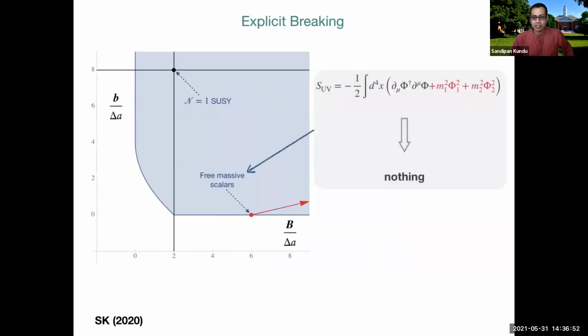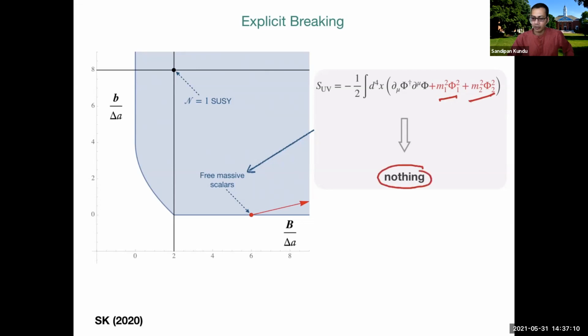Another example is a very simple one where you have a complex scalar field, which is massless in the UV, and you break conformal invariance and U(1) symmetry by giving 2 different mass terms for the real and the imaginary part. So this flows to nothing in the IR.